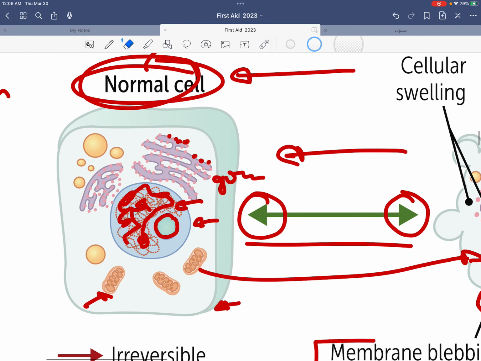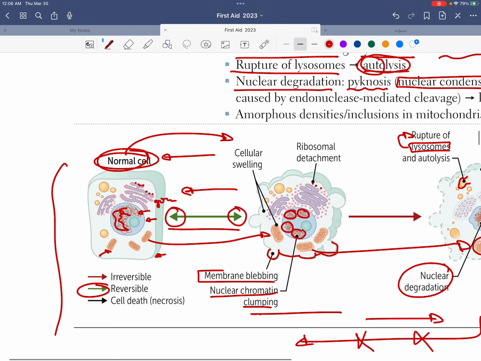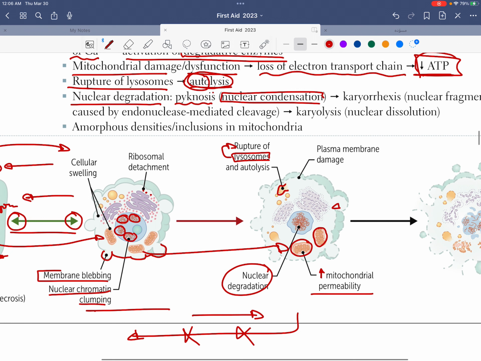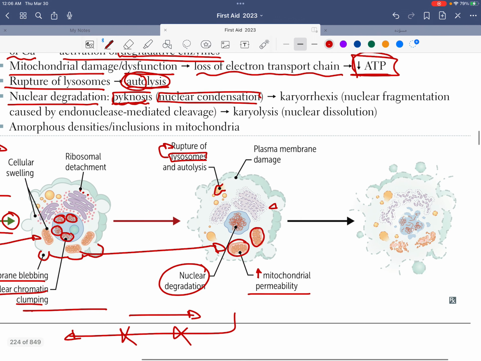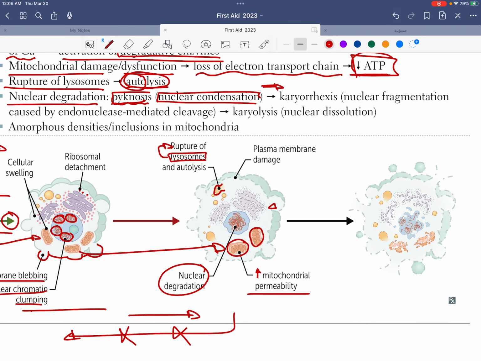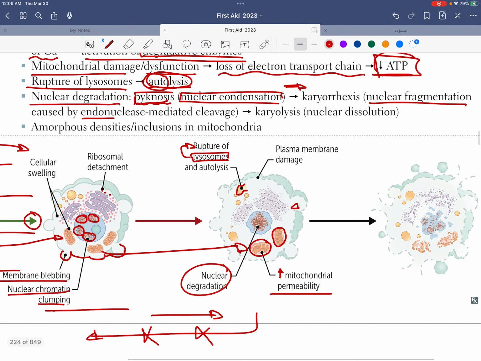It gets really condensed, and that's when we call it pycnosis. Or it could even get worse, and it happens as nuclear fragmentation caused by endonuclease-mediated cleavage, where the condensed nuclear material is cleaved by endonuclease.